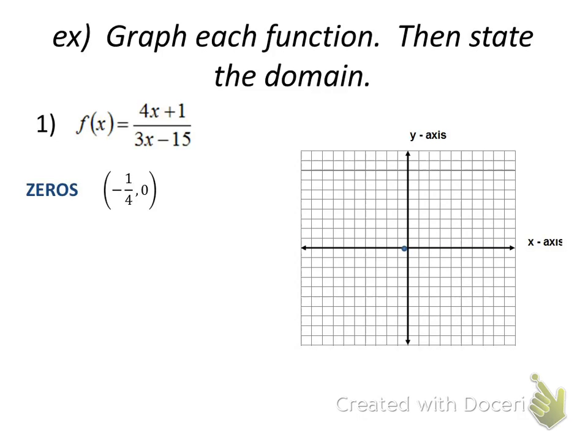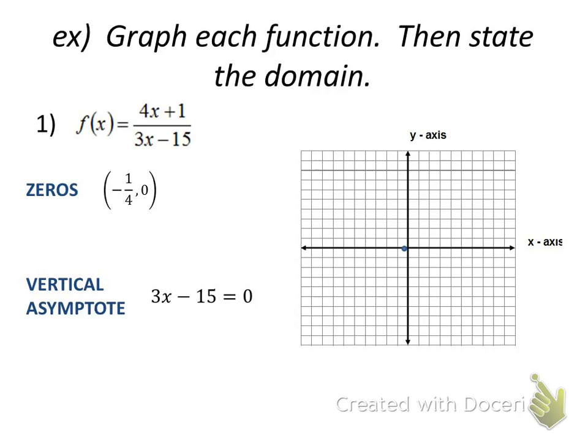So then next step. After we find the zero, we're going to find the vertical asymptote. Vertical asymptote is when the function is undefined. So what will make that denominator equal to 0? So we set up an equation. What makes 3x minus 15 equal to 0?